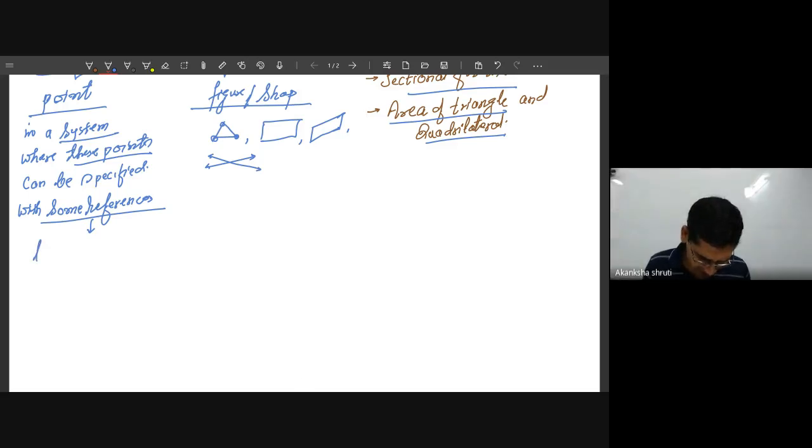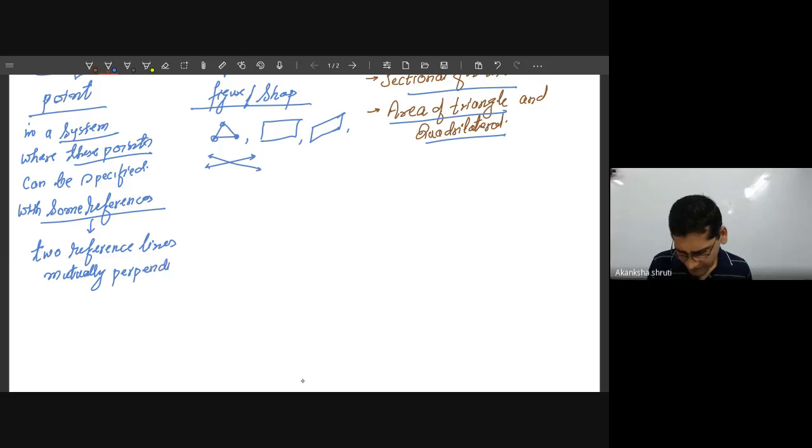These reference lines are called the axes.